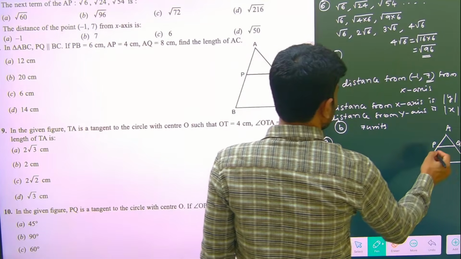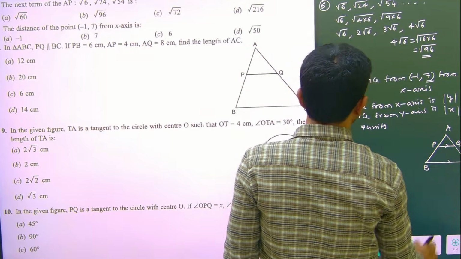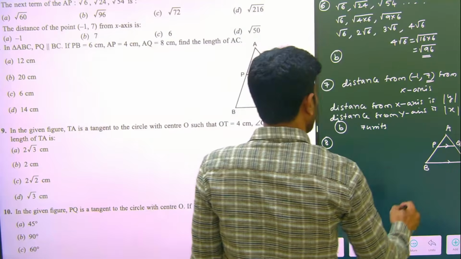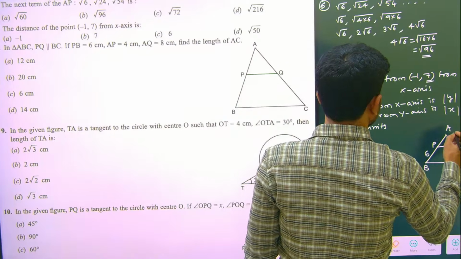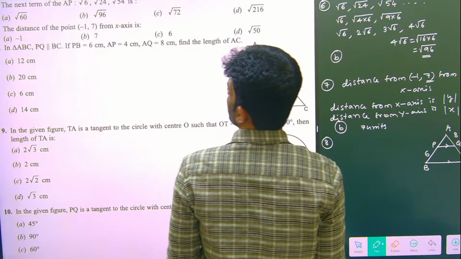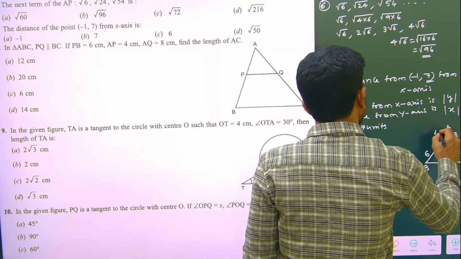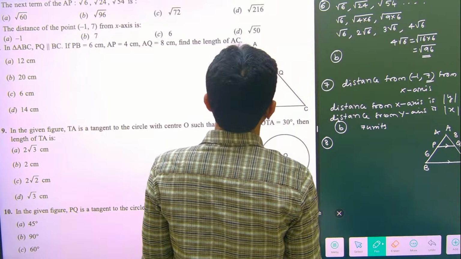It is given that these two are parallel, and it is also given PB 6, AQ 8, AP 4. We want AC.